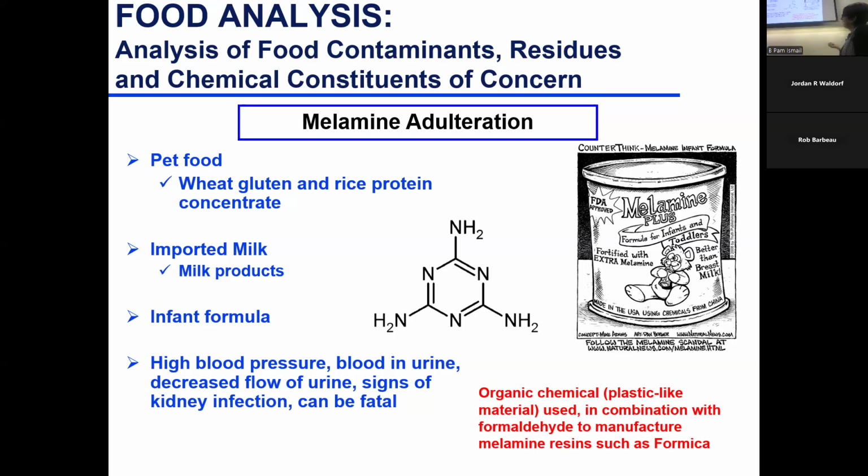It's an organic chemical used in plastic material. So it's not supposed to be in your food. It was an adulteration. So this is an example where it's not naturally present. It was added to the food to falsify the protein content. I don't think they knew what was going to happen from a health perspective, those people that adulterated these products, but then it turned out to be a problem.